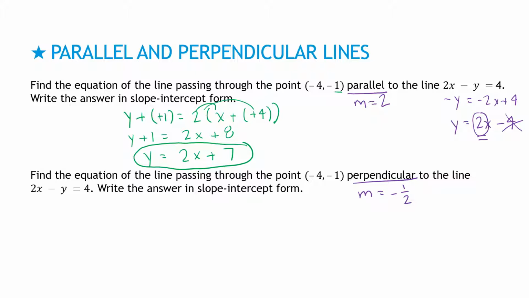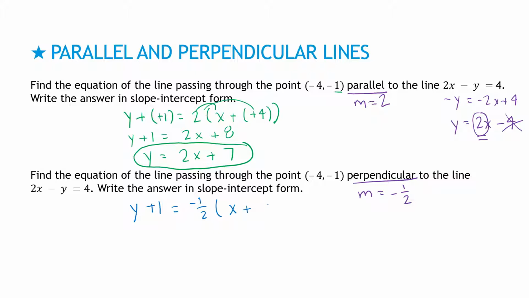For my second equation, I have the same format using negative 1/2 instead. So y minus negative 1, I got ahead of myself. And if you want to go ahead and write that as y plus 1, that's okay. And then I'm using my slope of -1/2, and then x minus -4.